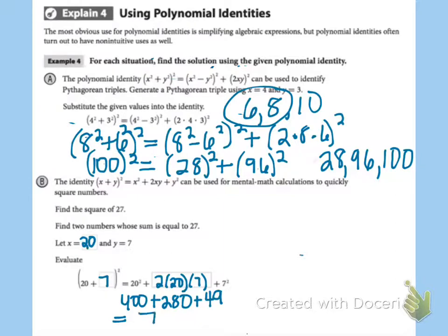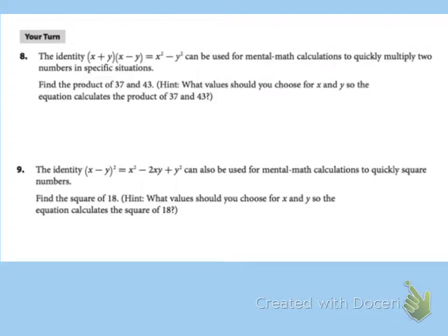And 729 is the answer, which is what we'd get if we took 27 and squared it. I guess you could have done it just using plain multiplication, right? But I know it's a little bit of a reach, but it is an application of one of these identities. So we'll go ahead and wrap it up.